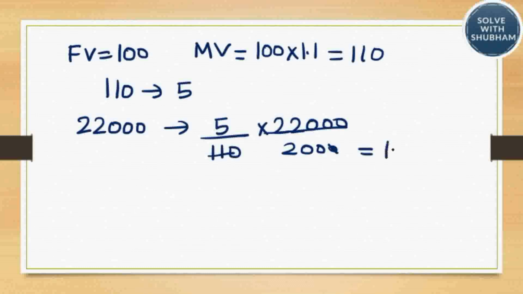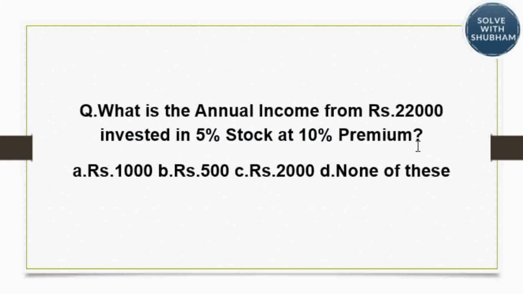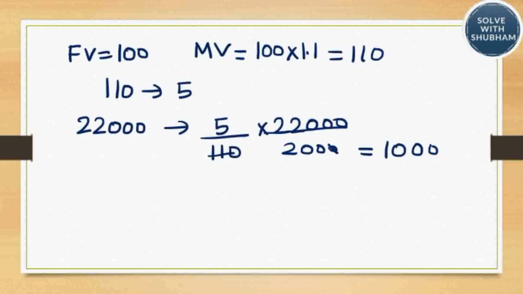Question is, what is the annual income from rupees 22,000 invested? It would be rupees 1,000. So your answer would be rupees 1,000.